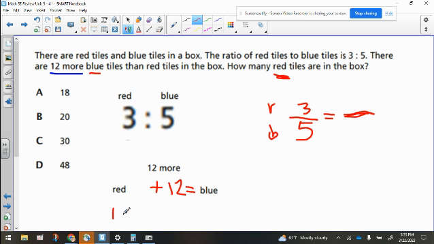If we substitute that in for red and add 12 to it to get blue, because remember there's supposed to be 12 more blue, this plus this would equal 30. So that means we have an 18 to 30 ratio, 18 red and 30 blue. Now what we want to explore is, are these two ratios equal?